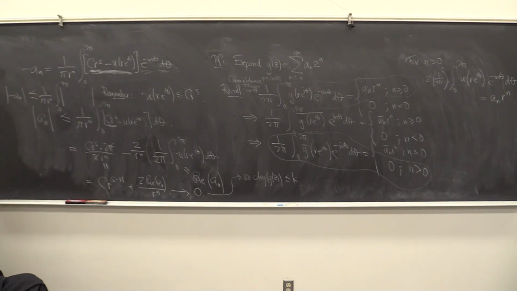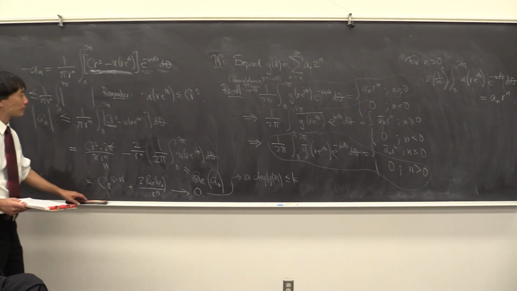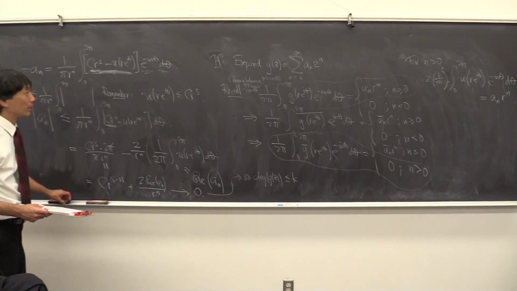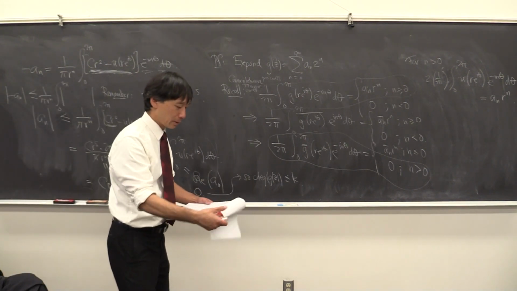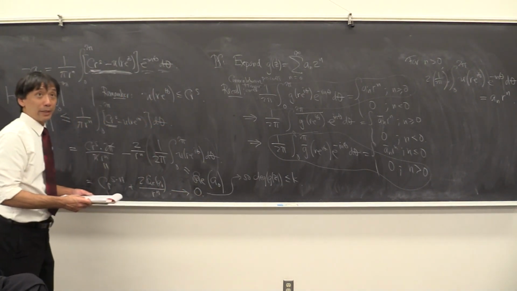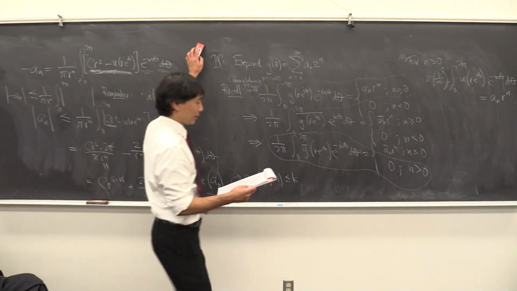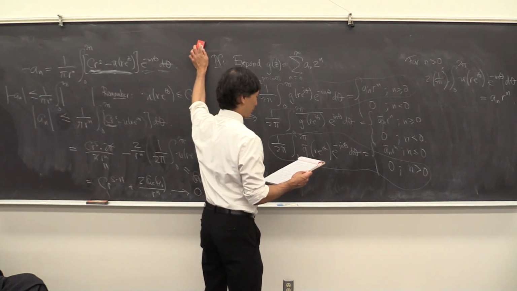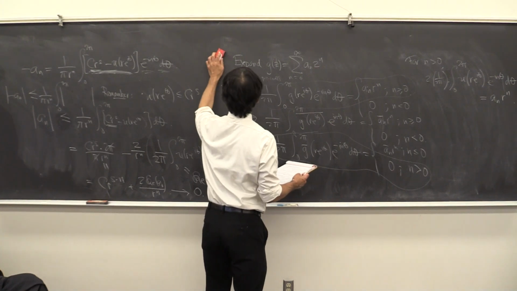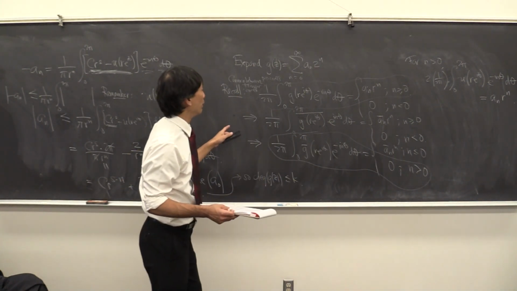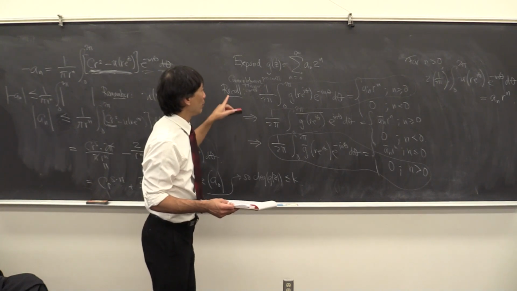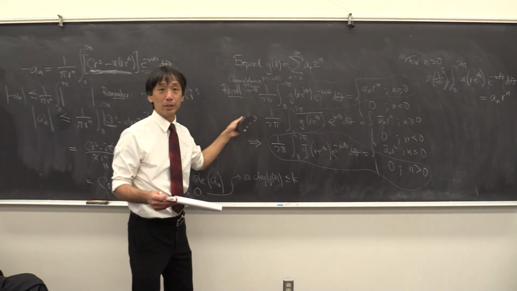That's the S. Okay, so we're actually going to finish this time. Now we have this tool, right? We have this tool to show when g is a polynomial.